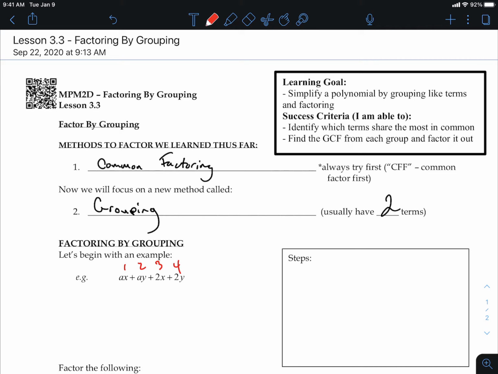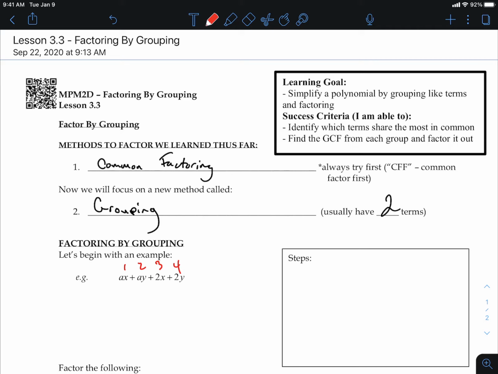Or you will see in some other questions that there's not much. You have to rearrange it first, but you can arrange it in such a way that some pieces have more in common with some pieces than the others. That's what grouping is. Okay, so we're going to group according to what we think is similar. Okay?